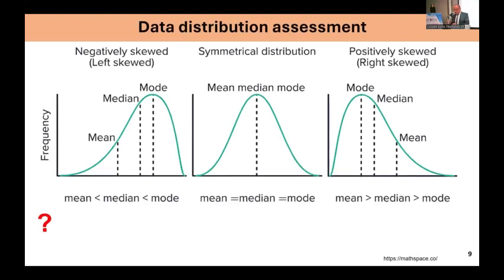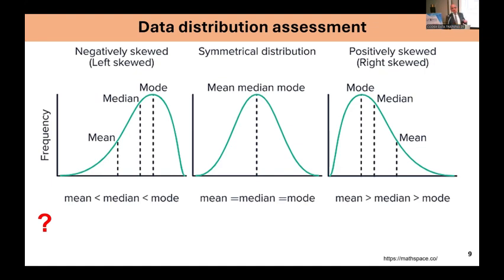Let's now start, after Dr. Amin presented the generation of data, the extraction and the cleaning, let's move now to the assessment of the distribution. I believe some of us know this figure where we talk about how our data is distributed. What we see in the center is what we call the bell curve, the normal distribution.